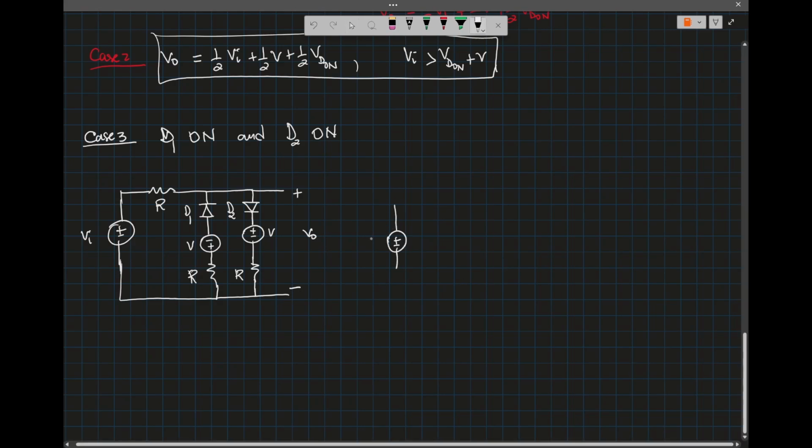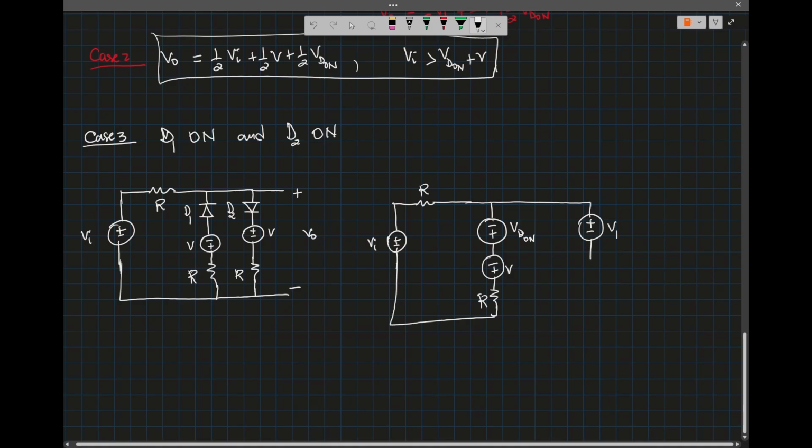So VI and resistor R, the diode D1, so VD on, and have V, have the resistor R, and we have VD on.